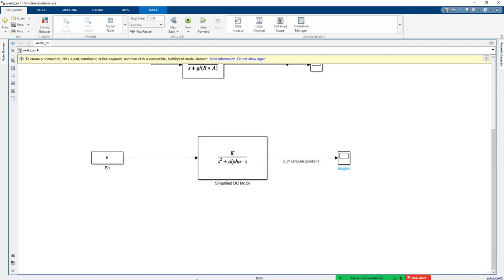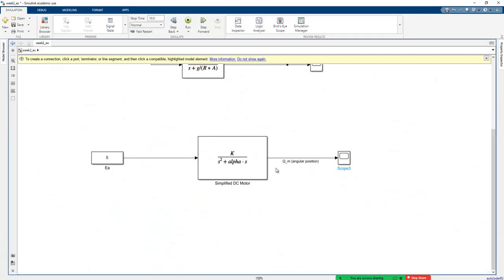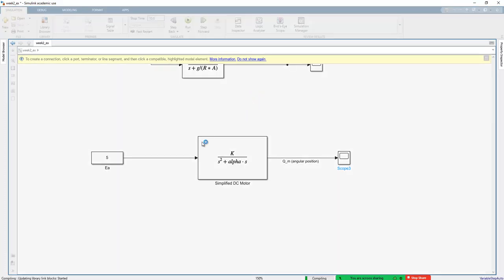These are the shape, because in this case s times (s plus alpha) gives s squared plus s times alpha, right? These are the equations. If I run this code, the voltage is applied to this DC motor, and then theta m changes in time.